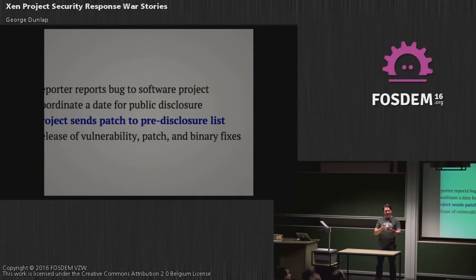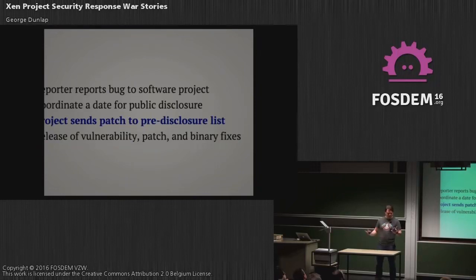They would still be vulnerable to other users on that system until a binary fix was able to get out. So in the Xen project, and I think a lot of projects do this now, we include service providers, public cloud providers, on our pre-disclosure list as well.